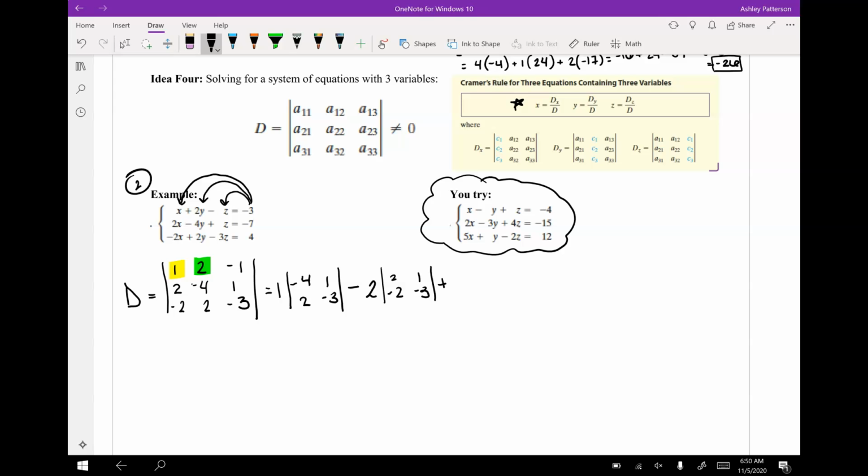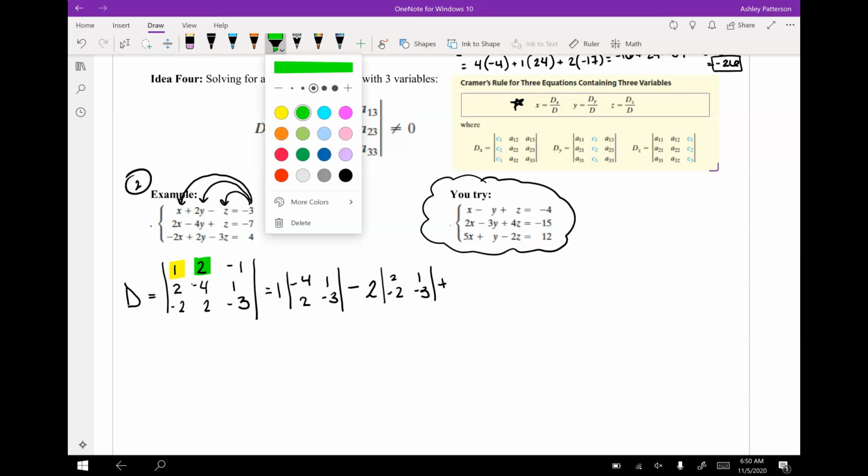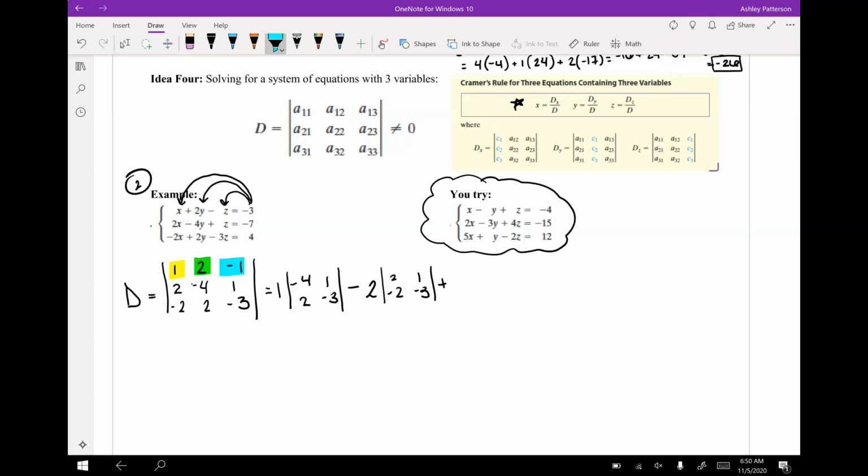And then we're going to add. What are we going to add? We're going to add this value with this minor matrix right here. So we have -1, and then 2, -4, -2, and 2. I like that better because it allows us to see what we're multiplying rather than trying to keep up with the 3 by 3 placement.